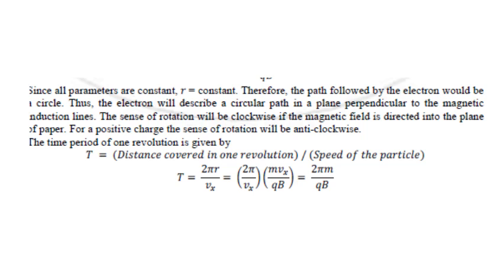This also shows a very important result: the time period of one revolution is independent of the velocity of the particle. It only depends on m, q and B. If we have chosen the same particles, same mass, same charge, and the magnetic field is the same, the time period will be constant.